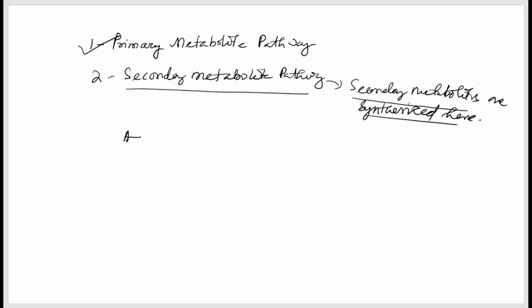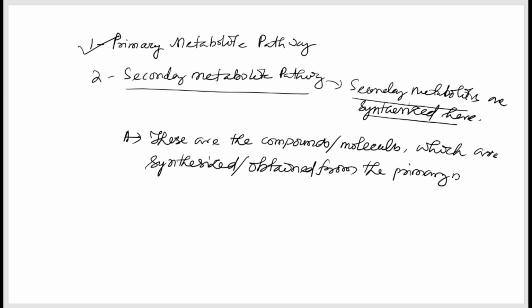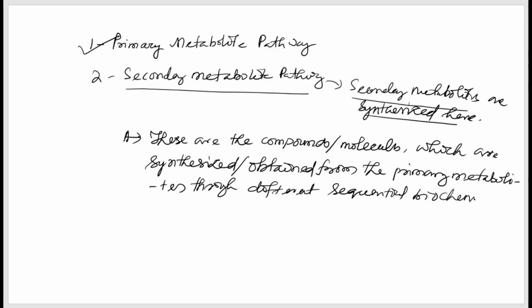In order to define the secondary metabolites, these are the compounds, or molecules, which are synthesized or obtained from the primary metabolites through different sequential biochemical reactions or pathways in a controlled manner.